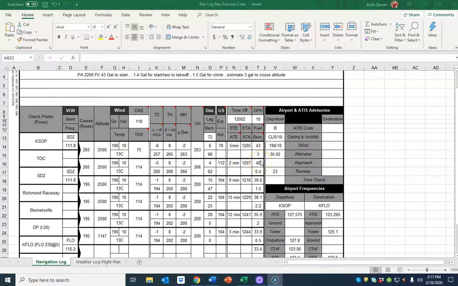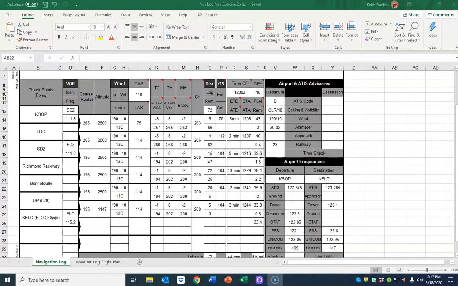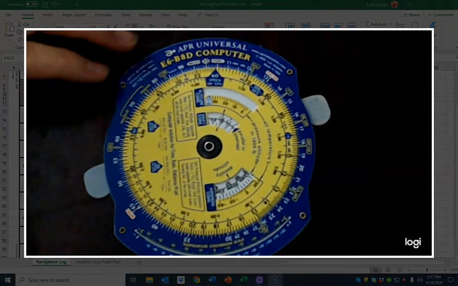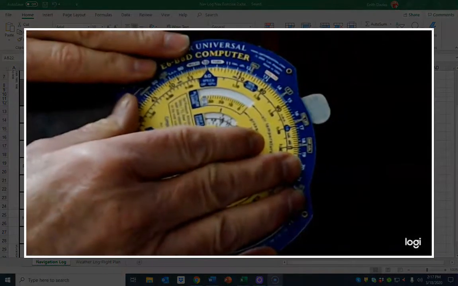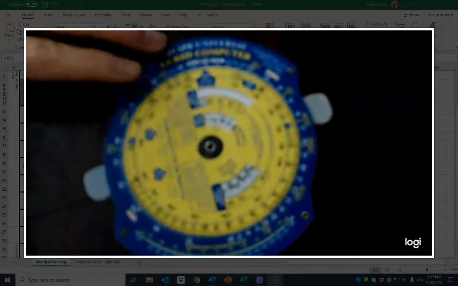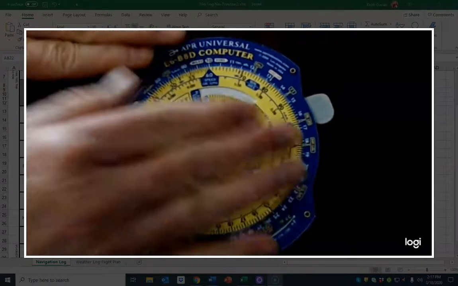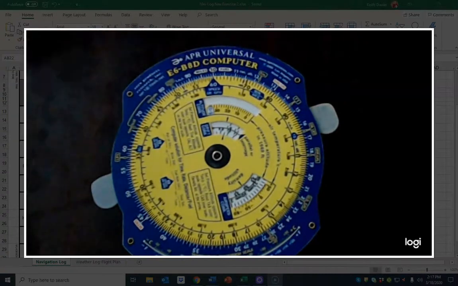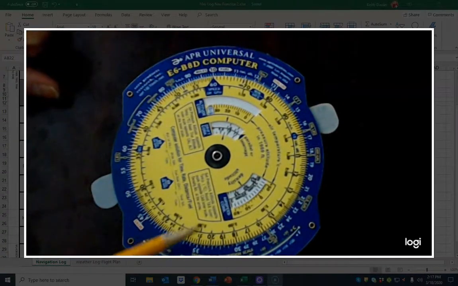Okay. Now, for the rest of these, basically I'm doing a 10 gallons per hour planning, and I'm using the times here to calculate my fuel burn. So let's go up here and remember how to do that. So I'm going to put my index on my 10 gallons per hour right there, and then just read the time on the B scale, and then that would tell me how many gallons on the outside scale.